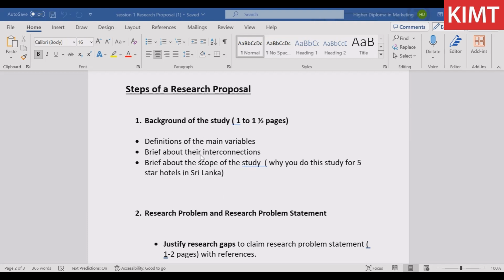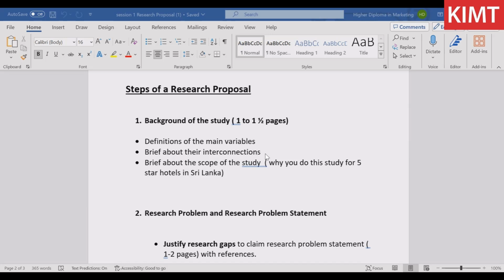This is where people make mistakes. Your scope is the garment or fashion industry, but you brief the definitions: what is employee motivation, what is employee performance, how people have defined them, whether they have different subcomponents. Then brief about the interconnection and prove that with the literature, right?